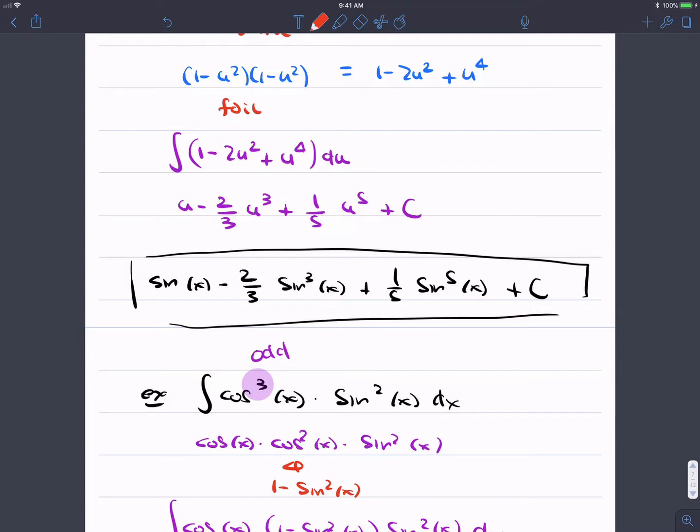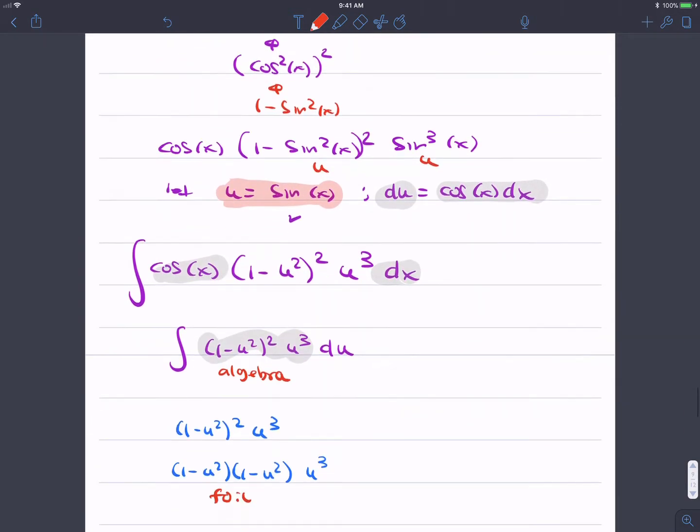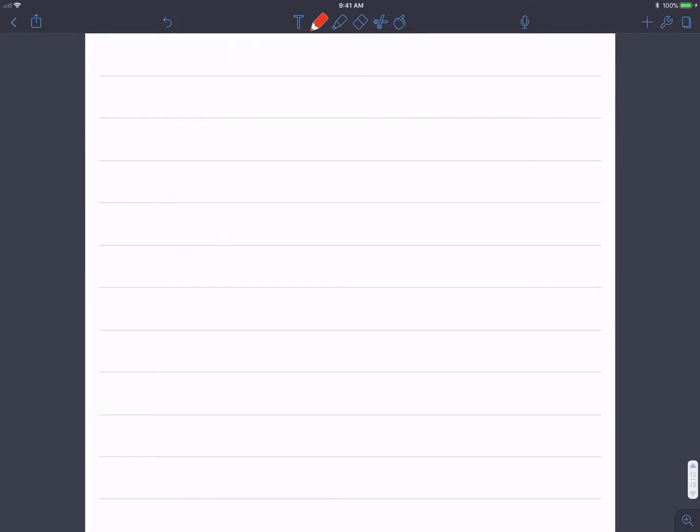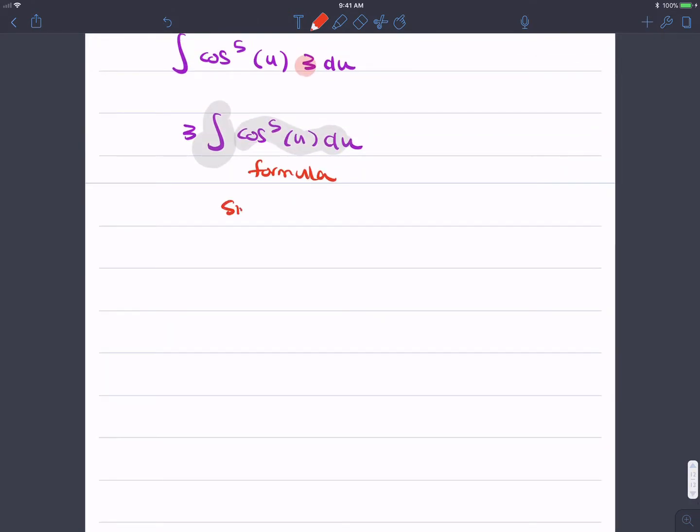Now, here's what I can do here. We'll write it all down. Let's see, sine minus 2/3 sine cubed, and I think that was plus 1/5 sine to the 5th power. Let's double check.